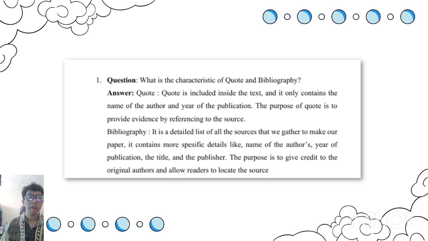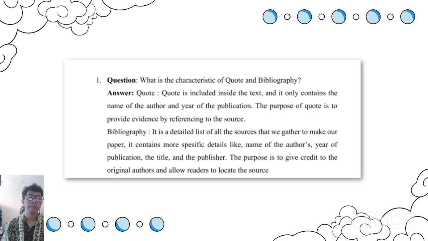On the other hand, a bibliography is a detailed list of all the sources that we gathered when making our paper. So it contains more specific details like the names of the authors, the years, the titles, the publishers, and others. The purpose is to give credit to the original authors and allow the reader to read from the sources too.